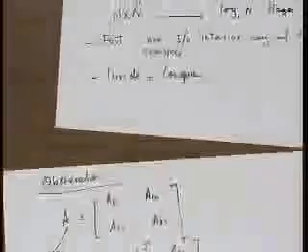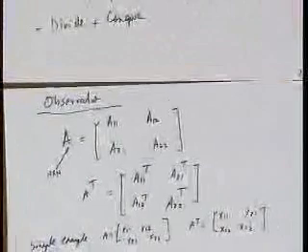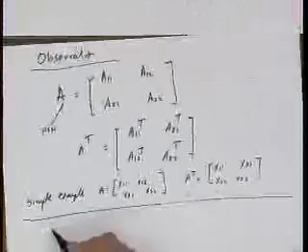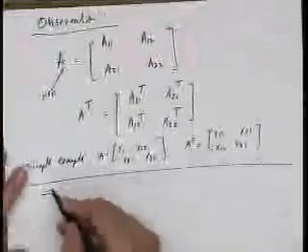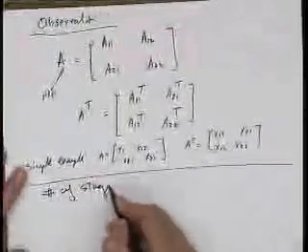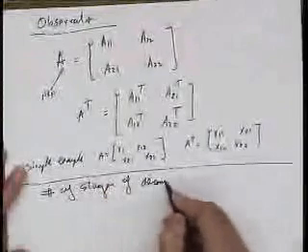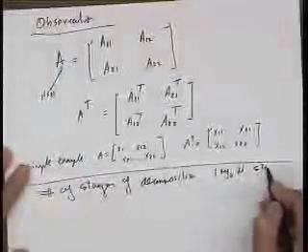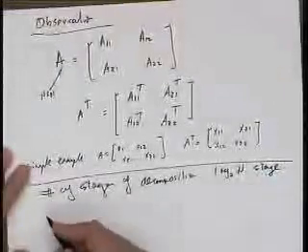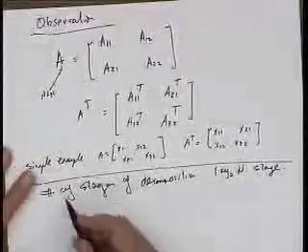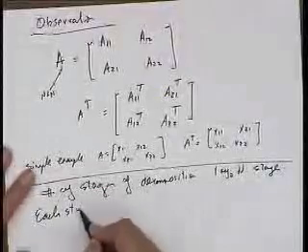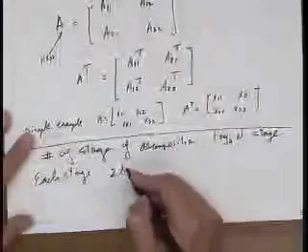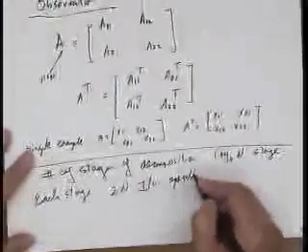So it's an iterative kind of algorithm, and as I said, the number of stages of decomposition, I call this decomposition, is log base 2 of n stages. And in each stage, we end up doing 2n IO operations.